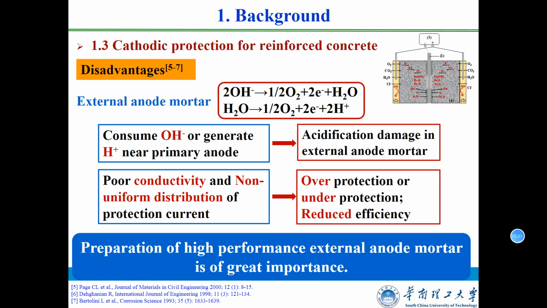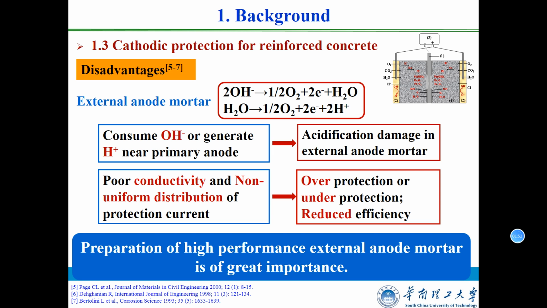During cathodic protection, the anodic reactions will occur mainly on the surface of the primary anode, consuming hydroxide ions in the vicinity of the primary anode and leading to a pH drop of mortar solution. This is defined as acidification damage in external anode mortar, which will result in dissolution of hydration products, porous microstructure, and reduced adhesion strength.